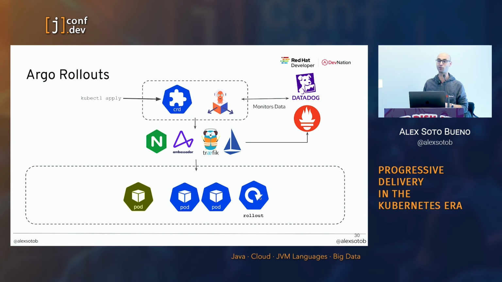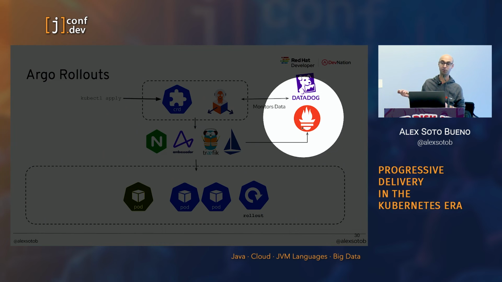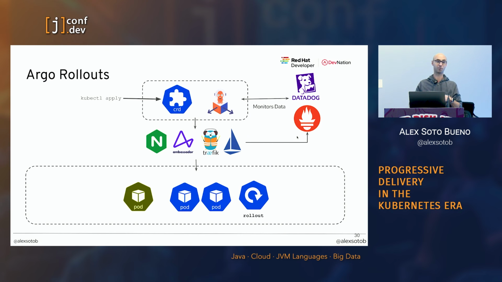Now when you deploy your application, you're not using that Deployment file anymore. You're using one file that is named Rollout. One of the great things about Argo Rollouts is that it automatically gets data from Prometheus, Datadog, New Relic, all these monitoring systems.